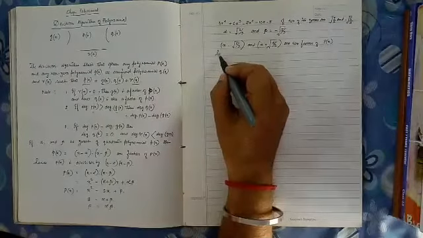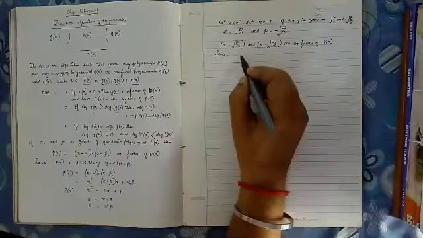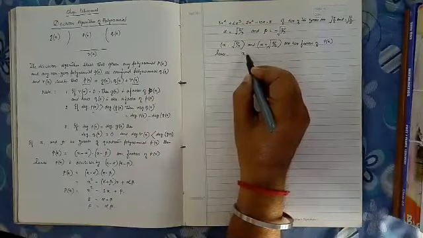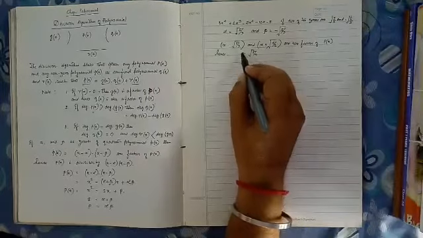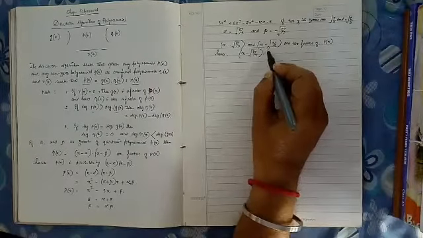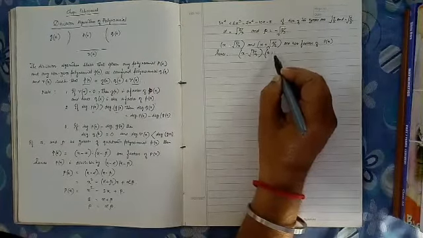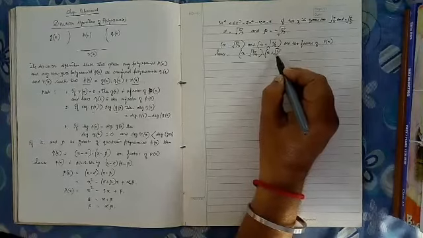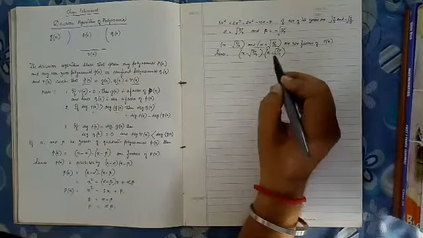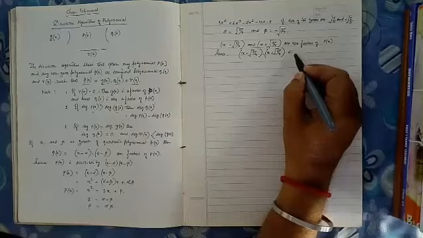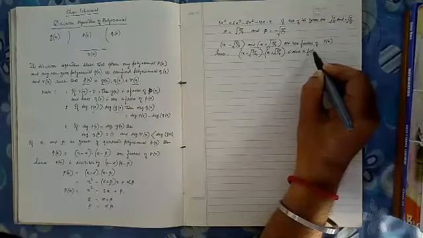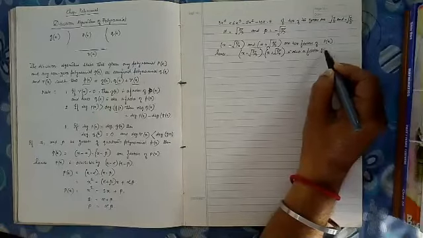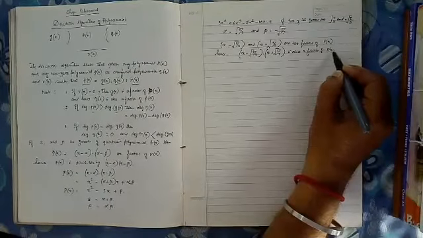Hence, x minus under root of 5 by 3 into x plus under root of 5 by 3 is also a factor of p of x.